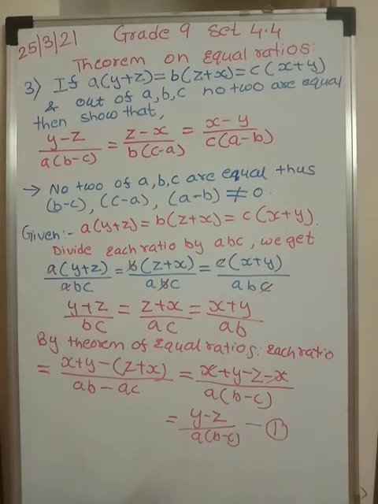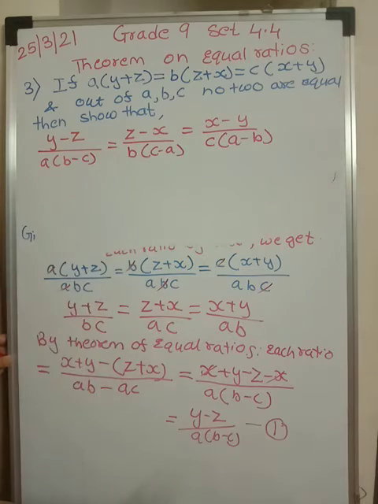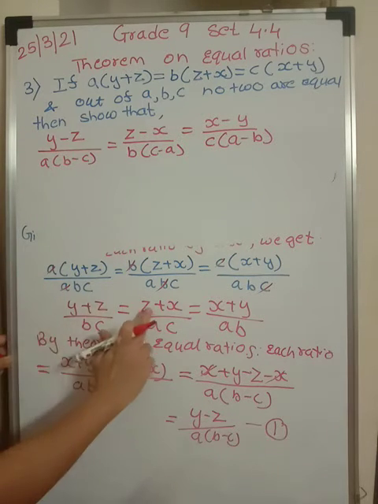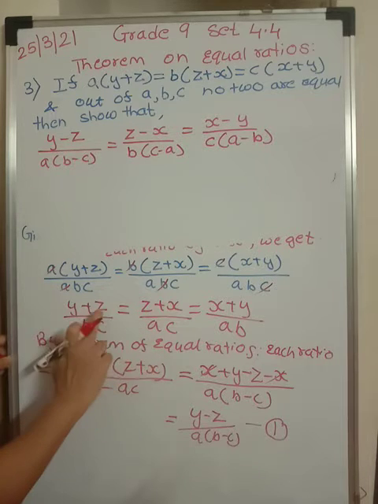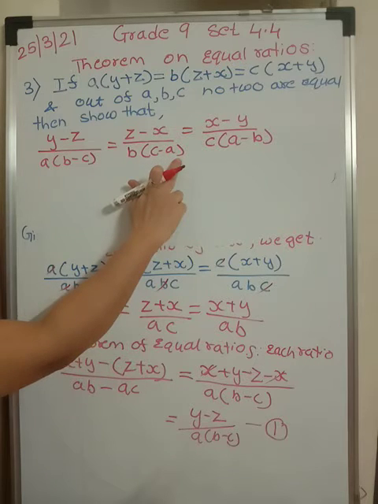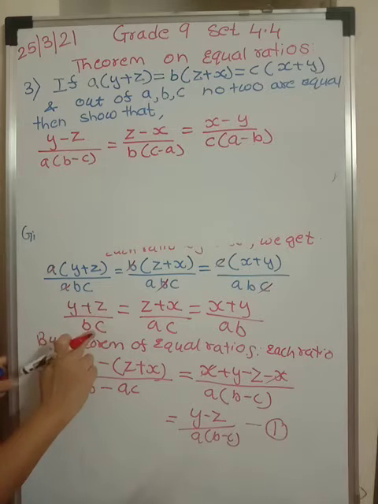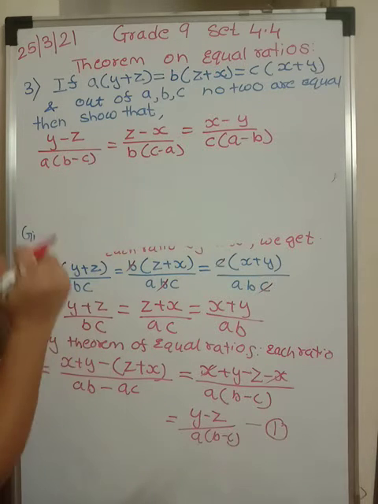Now let's go for second. Second also, see, now I am going to erase this. Second, what do I want now? I want z minus x. So if I want z minus x, it should be z, and from that x should remain, and y should go. So I'll be doing this, and inside you see b into c minus a, that means twice b should be coming. So I am going to write this minus this, then only I will get z minus x.